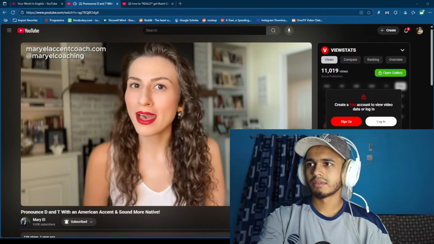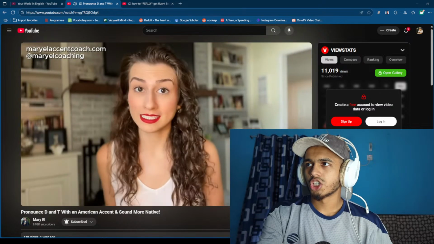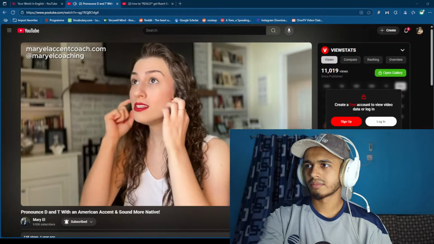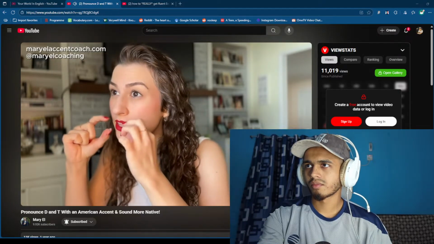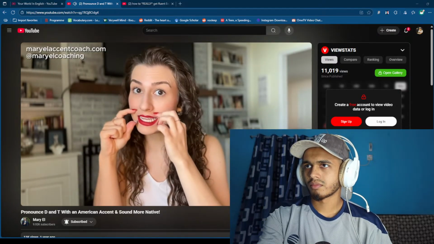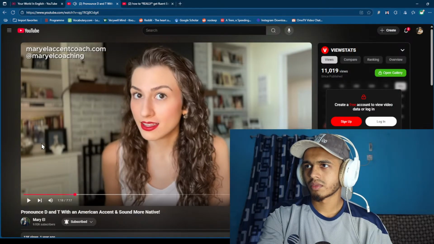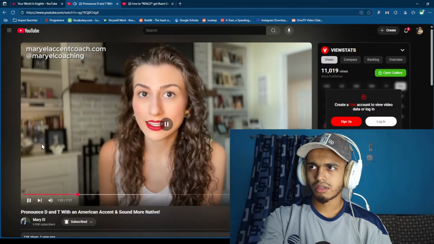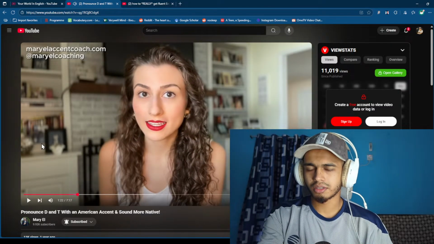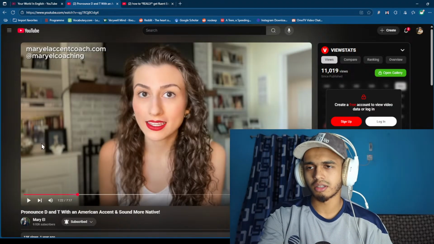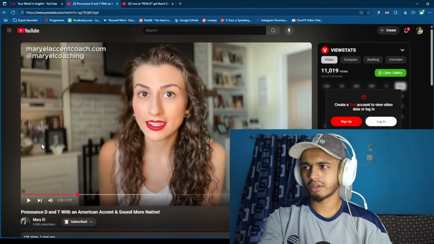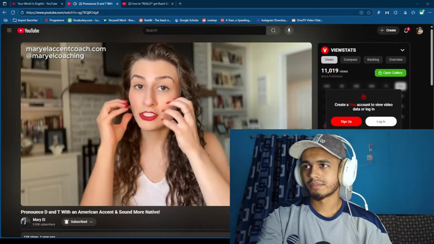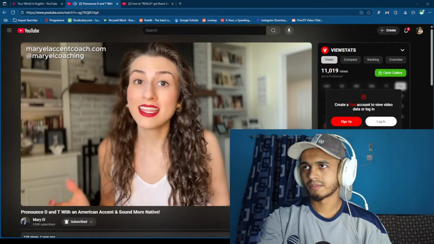Okay, let's talk about those differences, shall we? The first difference is where the T's and D's are being articulated. In a lot of languages, the tongue is either brought forward close to the teeth or it touches the teeth on T and D. But in the American accent, our tongues do not touch our teeth, and we don't even make T and D that close to the teeth.